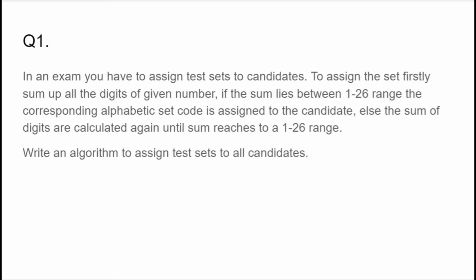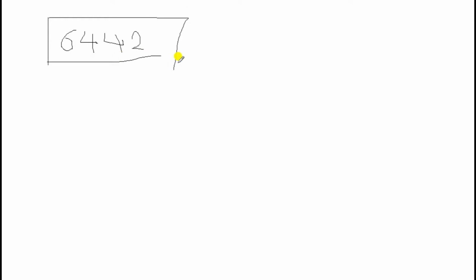Let's try to analyze the solution first. So for example, we will have an input value 6, 4, 4, 2. What we have to do is first sum up all the digits of this number. So we have to do 6 plus 4 plus 4 plus 2. So what we will get is 6 plus 4, 10, plus 6 is 16.